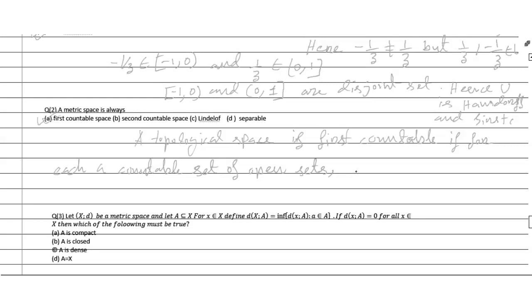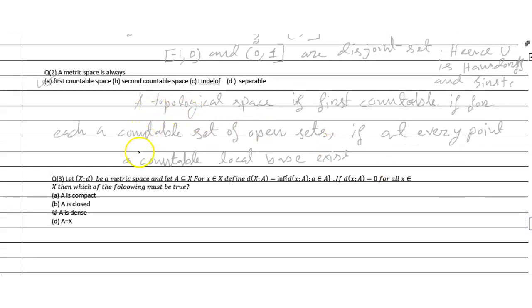That is, first countable if and only if at every point a countable local base exists. So friends, a metric space always has a countable local base at every point. So it is a first countable space.